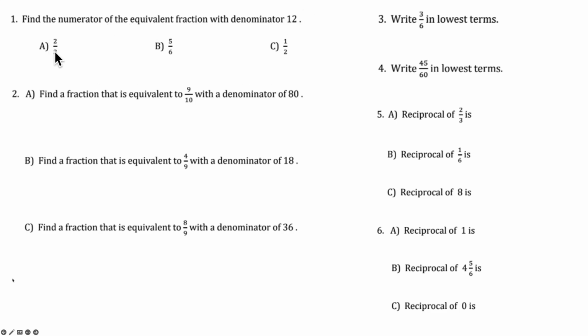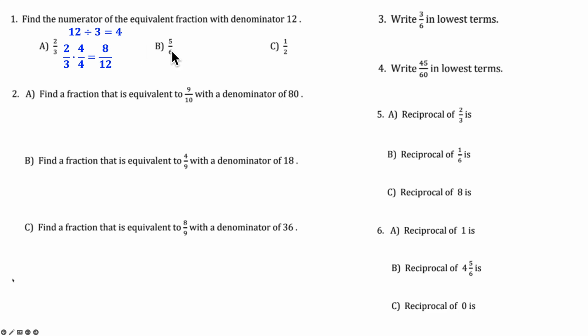So for this first problem, you take the denominator of 3 and you divide it into the 12. That's a 4. This 4 has to be multiplied to both the top and the bottom. That's the c over c that we saw in the definition. So 2 times 4, 8. 3 times 4 is 12. 2/3 is equal to 8/12. They are the same value.